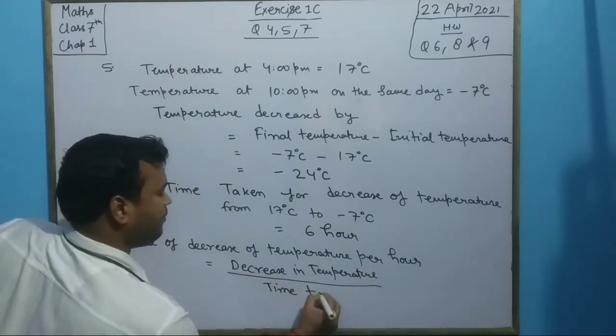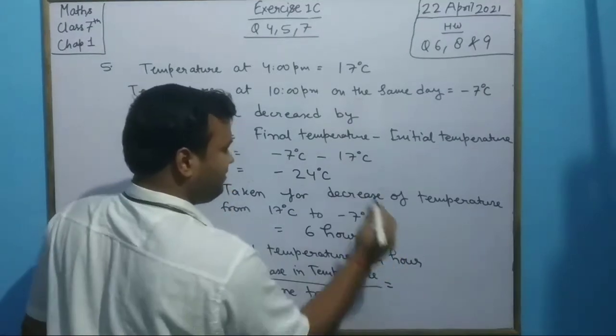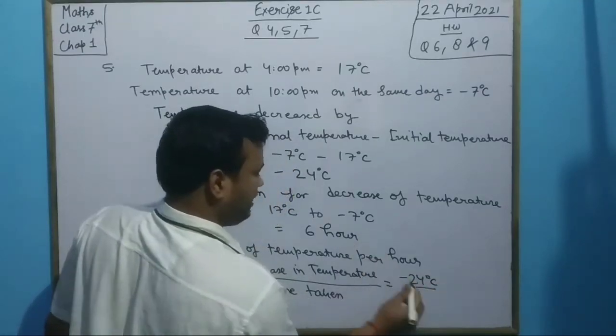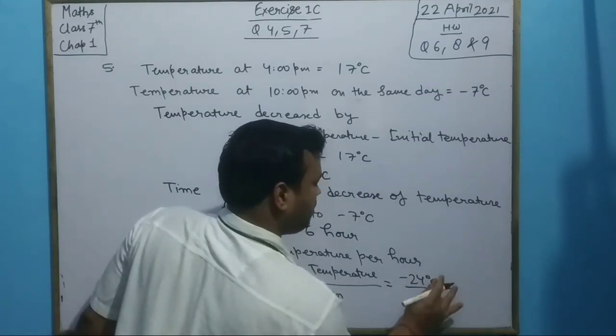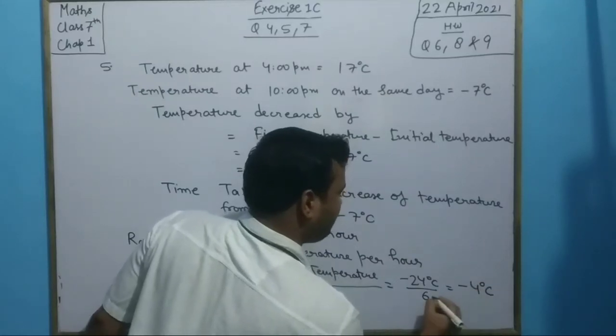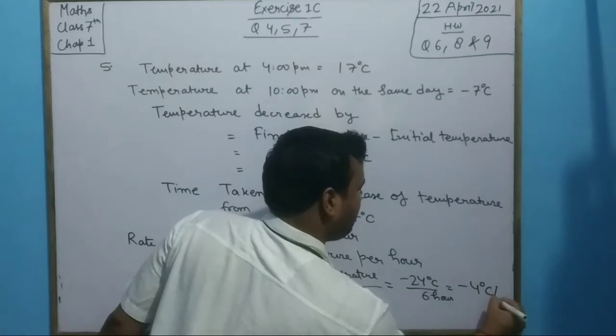Okay, upon time taken. So what is the decrease? Decrease is minus 24 degrees Celsius upon the time, 6 hours. So it will be, okay, minus 4 degrees Celsius per hour.